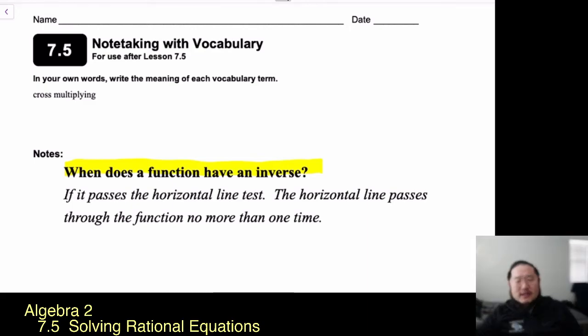If it passes through more than once, then there's no inverse. If the horizontal line passes through the function only once, then we know that we have an inverse.